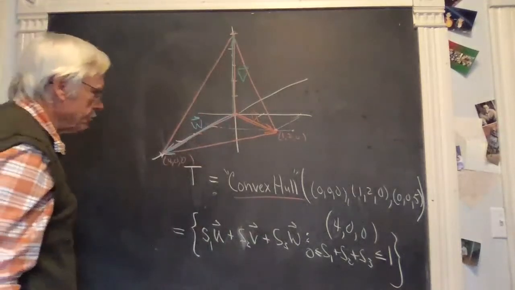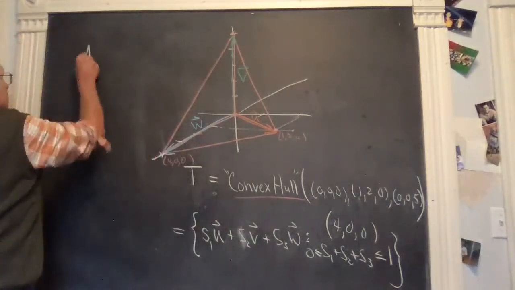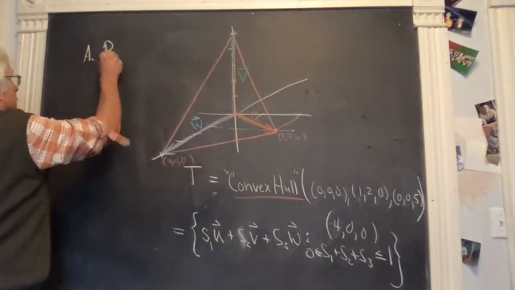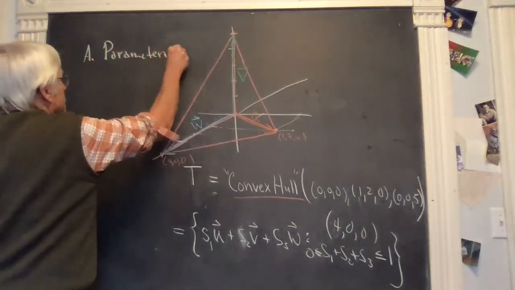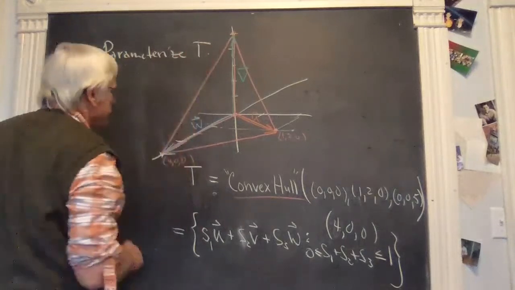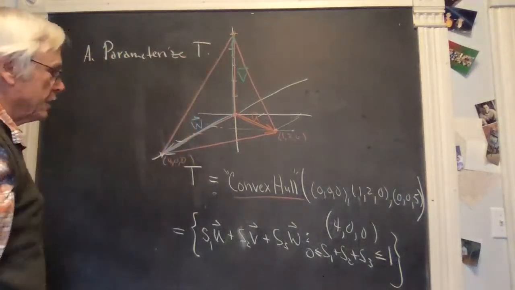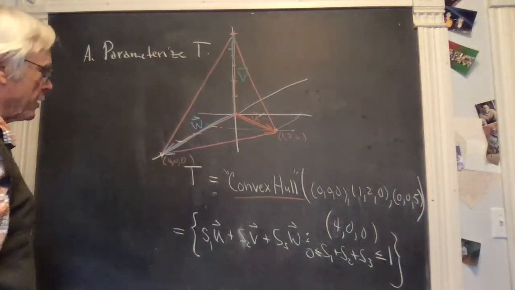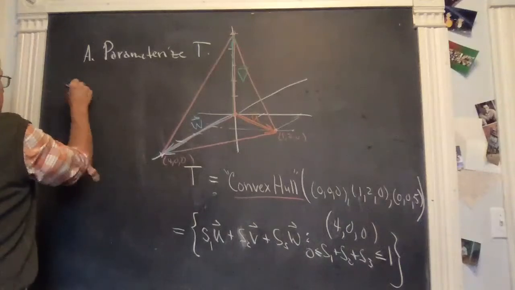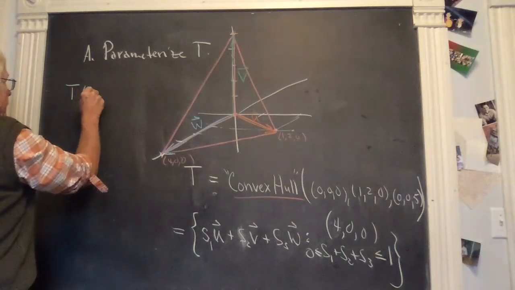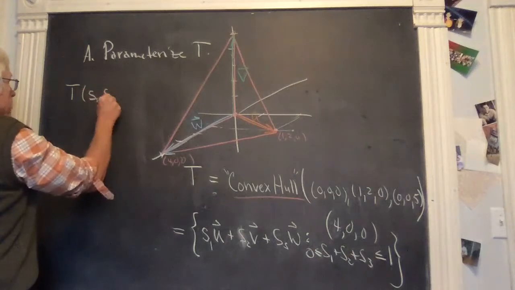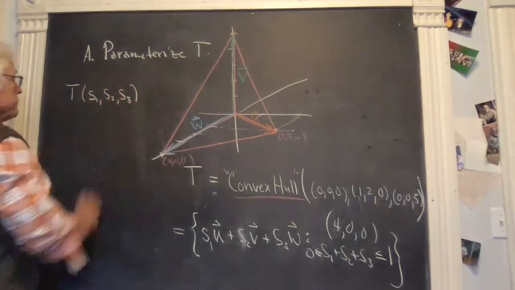So our first step is to parameterize T. I'll call it capital T of S1, S2, S3.